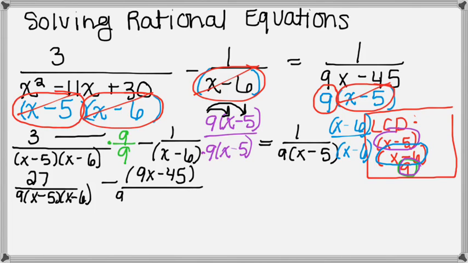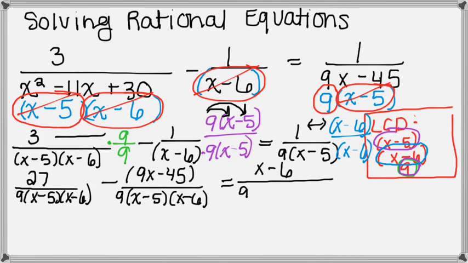All over 9 times x minus 5 times x minus 6 is equal to x minus 6, multiplying here, over 9 times x minus 5 times x minus 6.